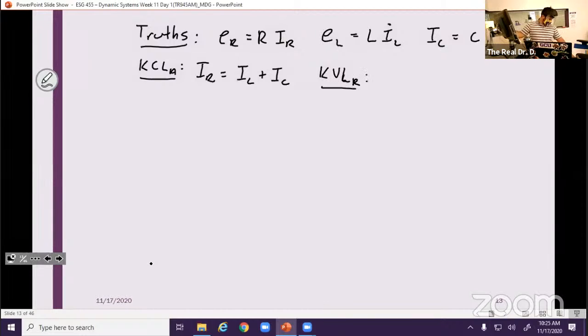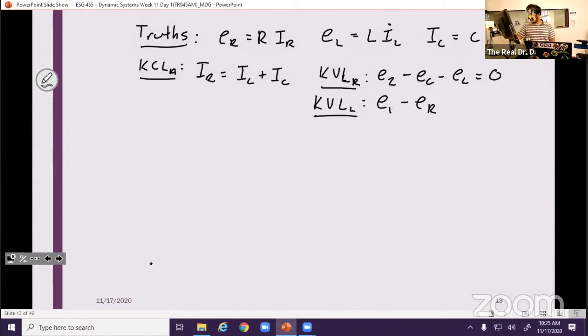KVL on the right tells me that E2 minus EC minus EL is equal to 0. And KVL on the left tells me E1 minus ER minus EL is equal to 0.